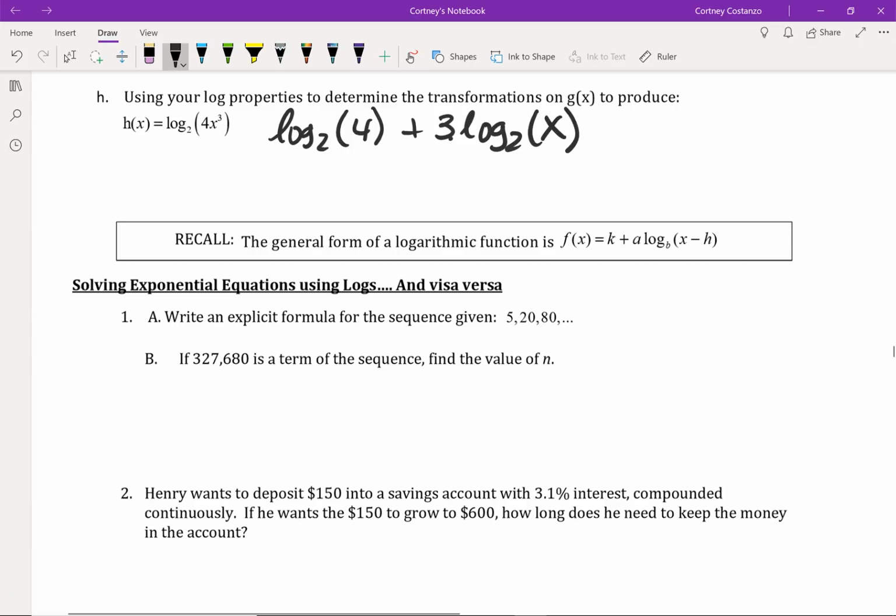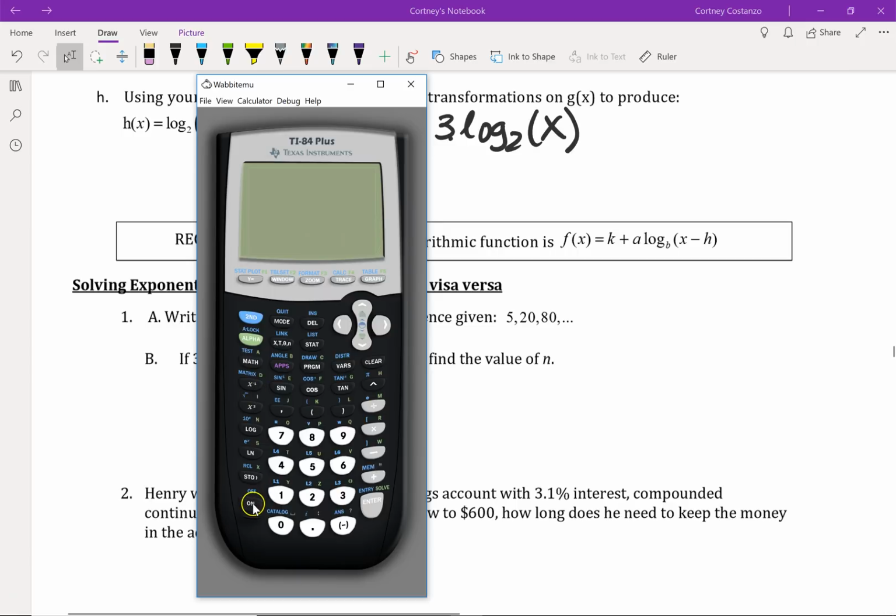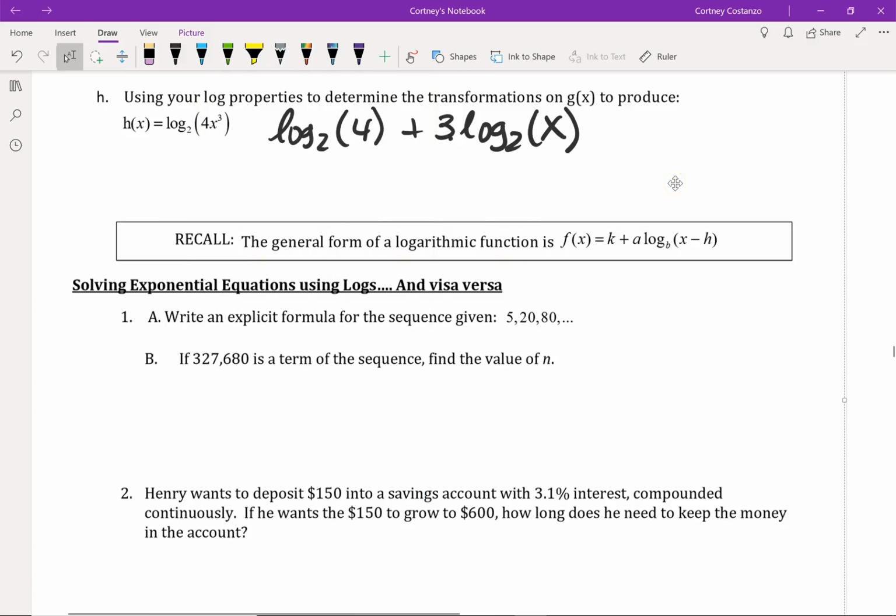And if I type log base 2 of 4 in my calculator here, so if I gotta turn this back on, log base 2 of 4, if you don't already have it kind of memorized in your brain here, it's really just regular 2. So this is really 2 plus 3 log base 2 of x.